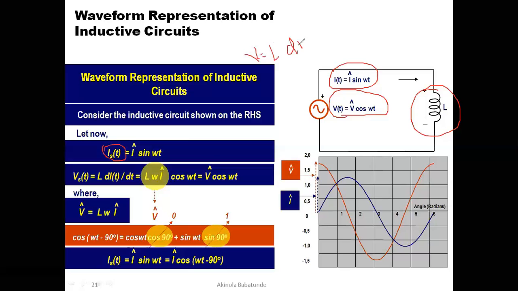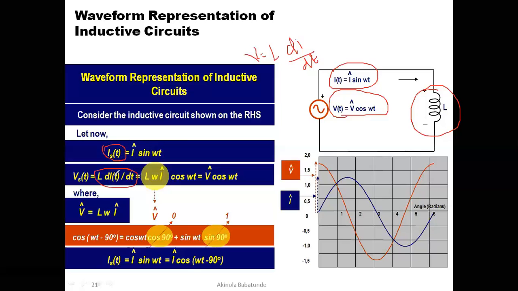We know this already, V equal to L di dt, and that is exactly what we do have here. So what you will find is that this will be equal to L W I cos WT, because we said this is our I.